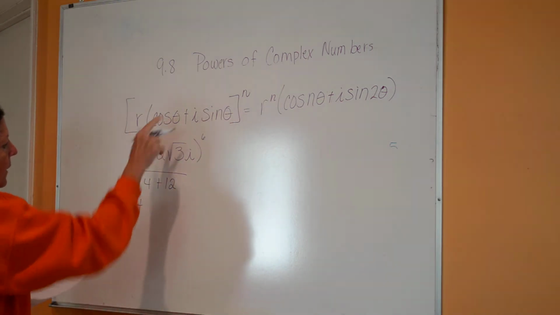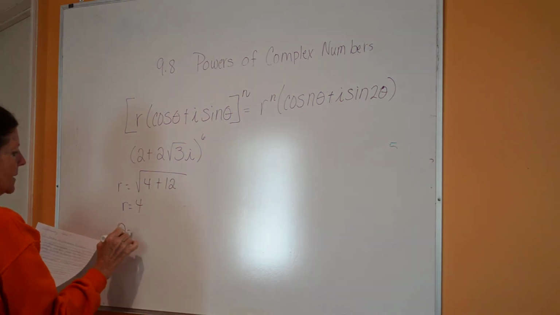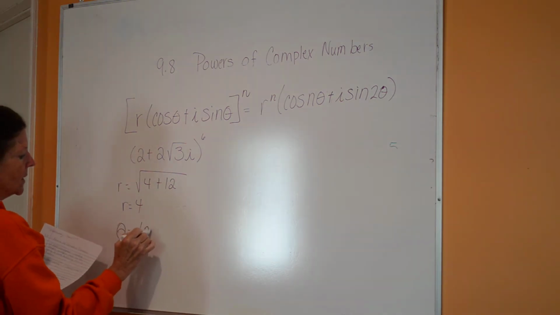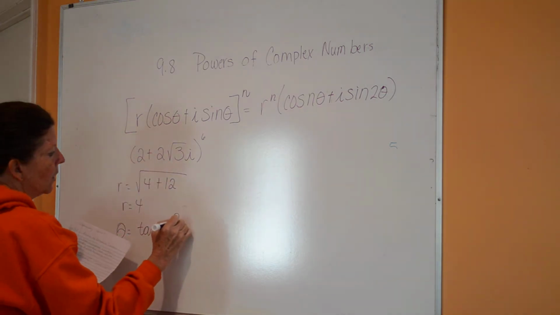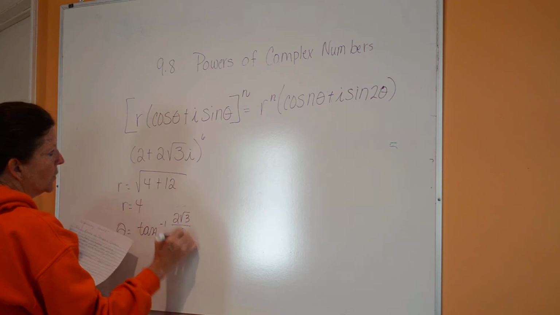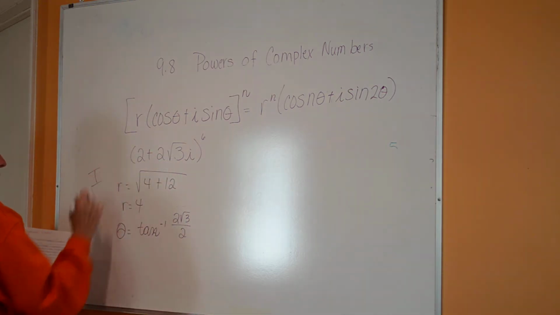Then I'm going to have to figure out the theta. Well, theta is going to equal the inverse tangent of 2 square root of 3 over 2. They're both positive, so we're talking first quadrant.